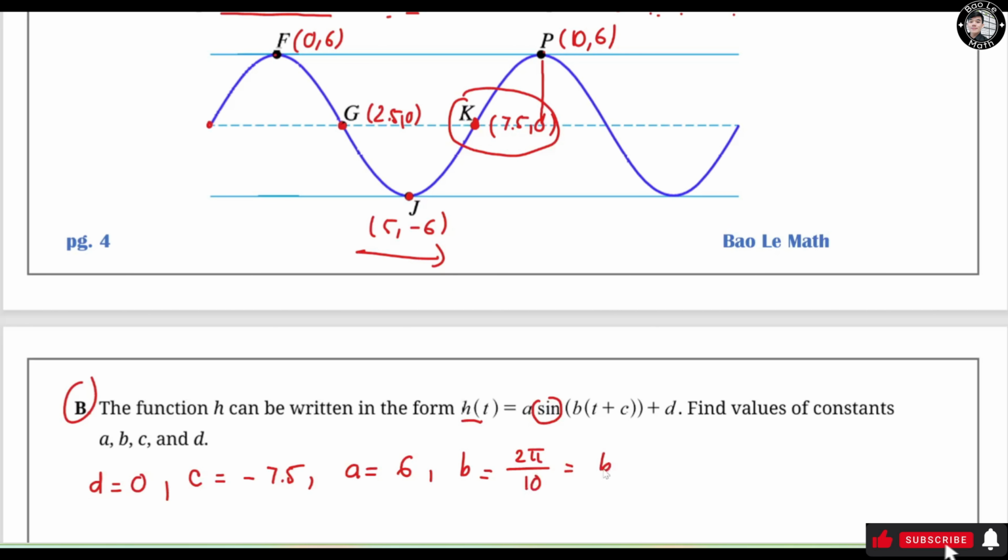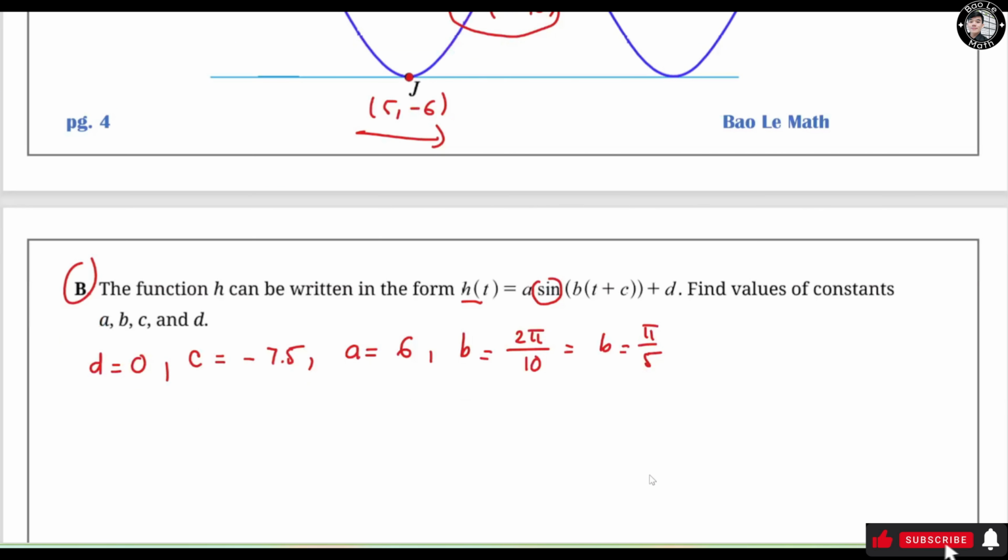So B equals pi over 5. So when I substitute over here, we have the function h of t equals 6 sine of pi over 5 times t minus 7.5, plus 0. So we just leave it like this.